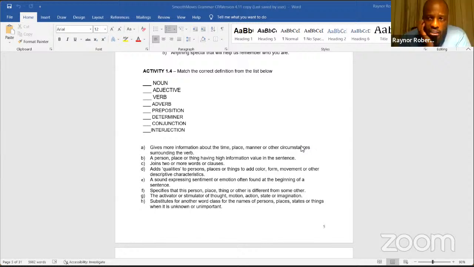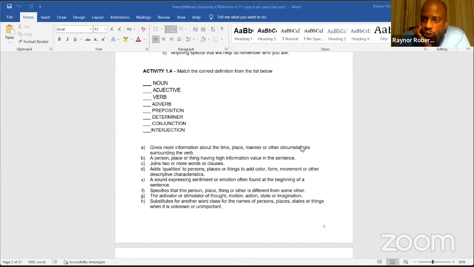And then the word order is just the sequence of the words as they appear in a sentence, which gives meaning and function to the words. You put the words in a certain order, and they serve certain functions.